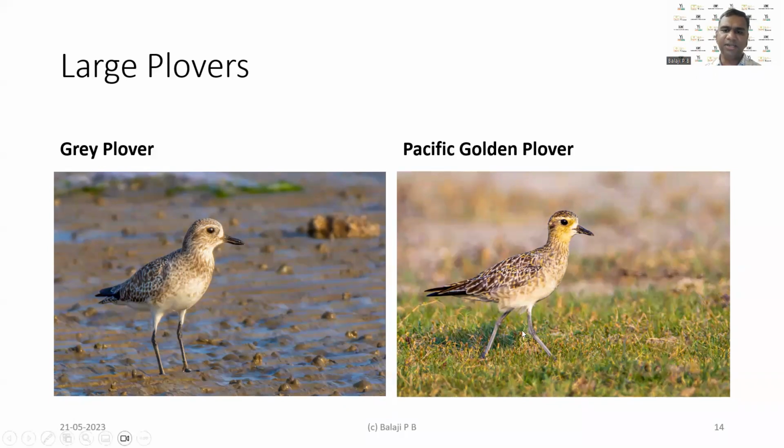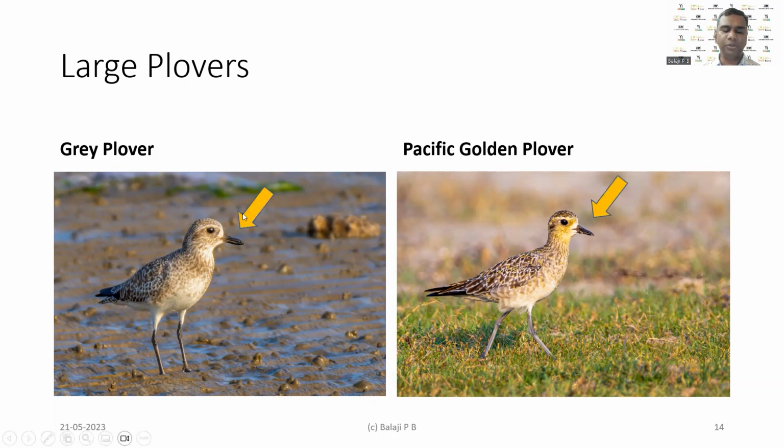But the difference is that the Pacific golden plover has golden yellow markings on its upper body, whereas the grey plover has more gray and white markings on the upper body. So this would be one differentiator. The second differentiator would be the shape of the beak.